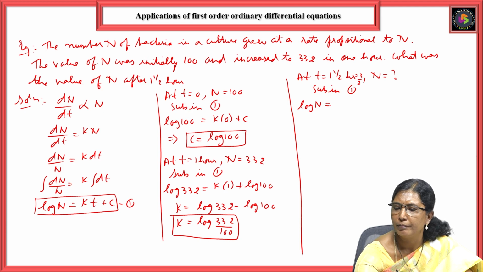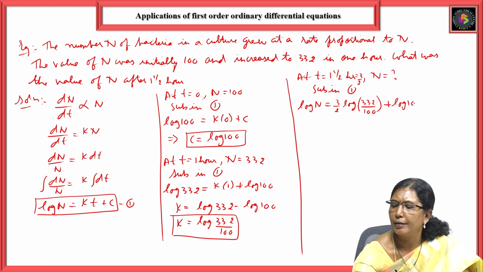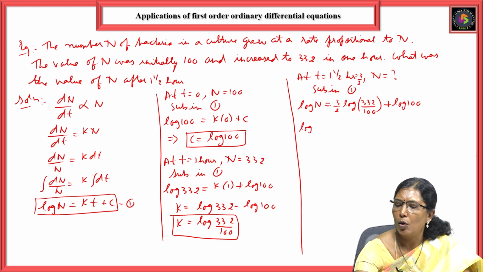So kt is 3 by 2 log 332 by 100, plus c. What is c? Log 100. Log a plus log b is nothing but log a into b. So we can write this as log of 332 by 100 whole to the power of 3 by 2, into 100.